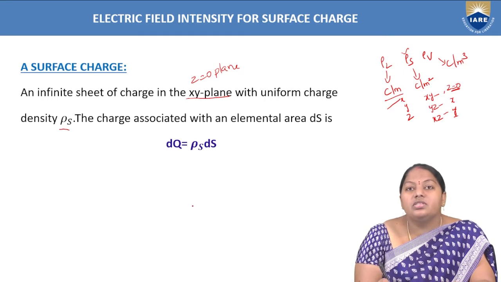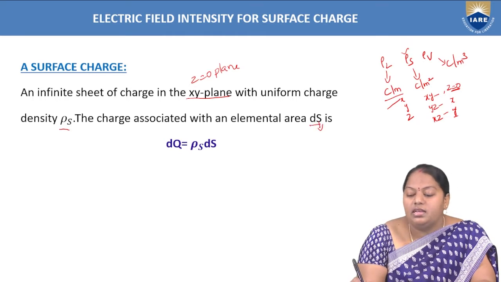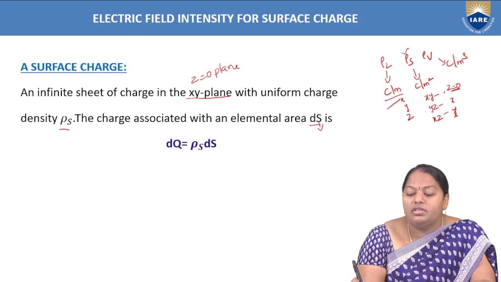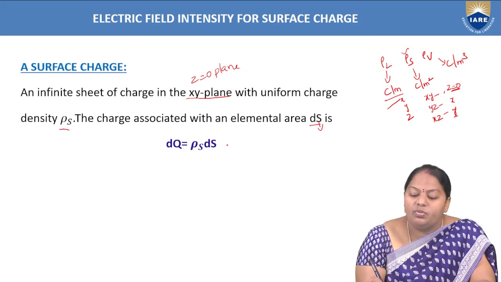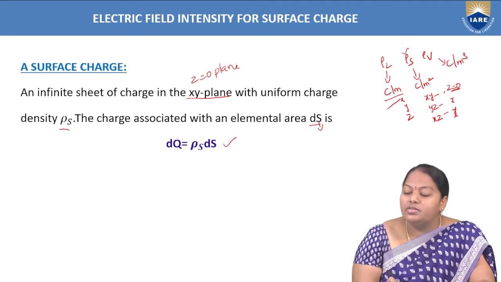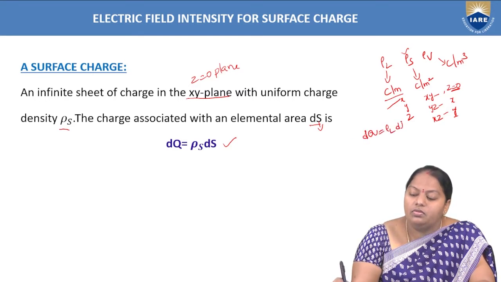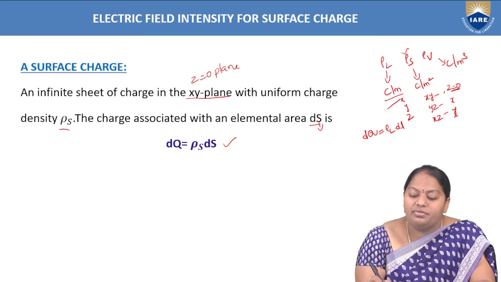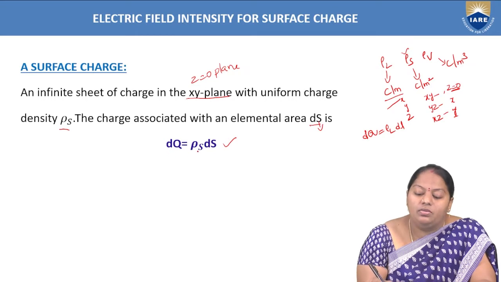The charge associated with an elemental area dS is dq equal to rho s into dS. As in the case of line, dq equal to rho L into dl, in the similar way for the surface, dq equal to rho s into dS.